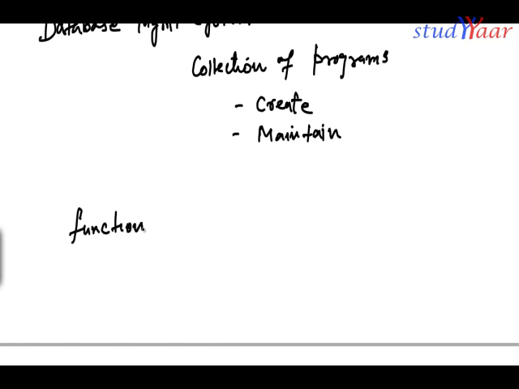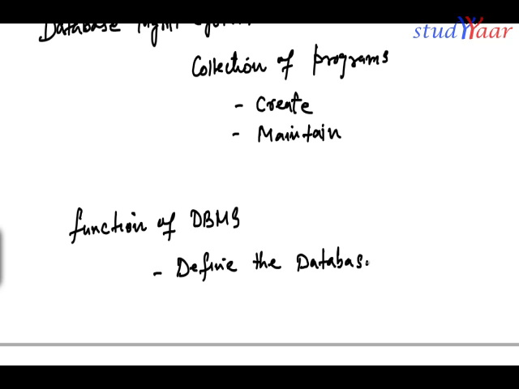Now let's look at what are the functions and operations that are performed in a database. So, functions of a DBMS, database management system. The first function is it helps me create the database, or rather define the database.